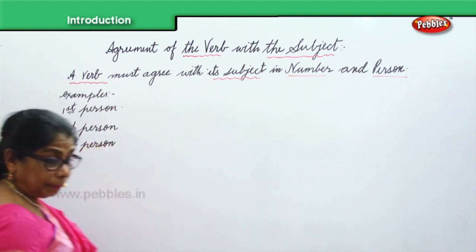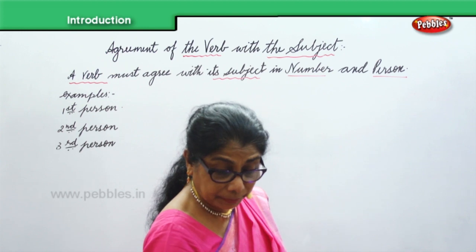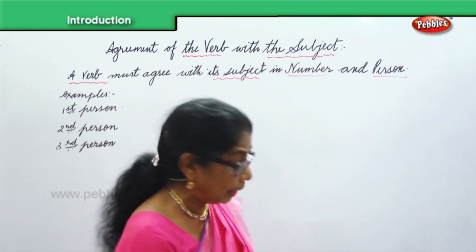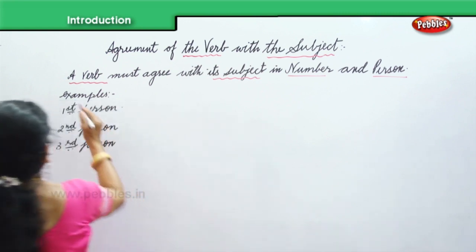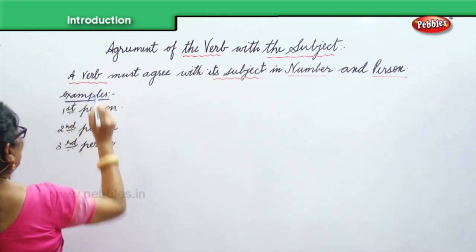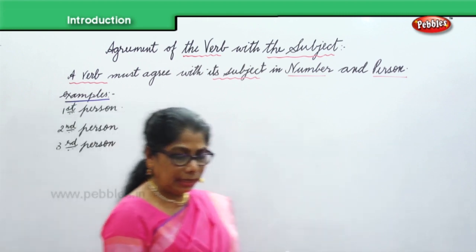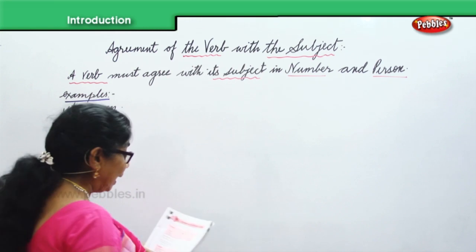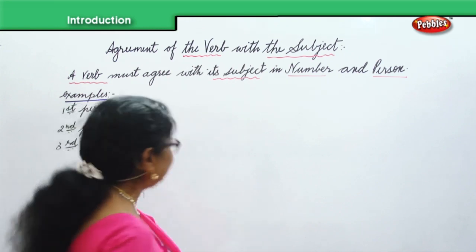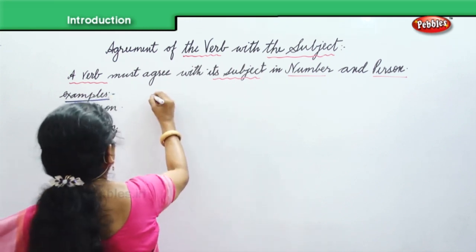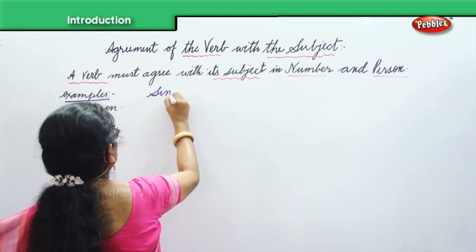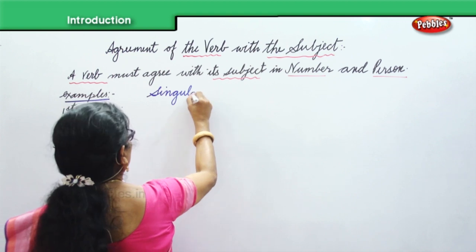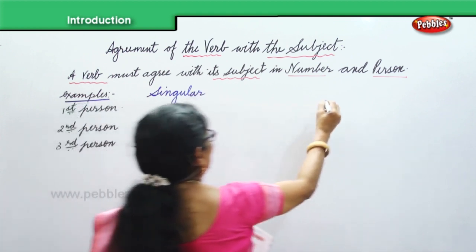Now we are looking at the examples. What are the examples we have here in first, second, and third person? Now we have singular and plural. First person, singular. First person, plural.